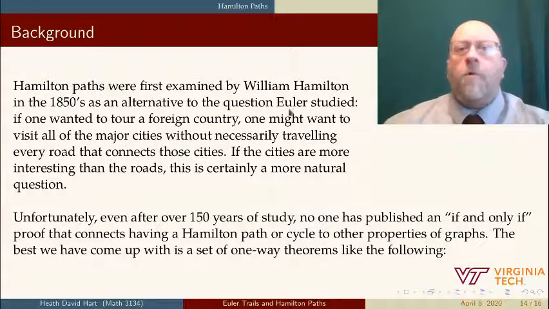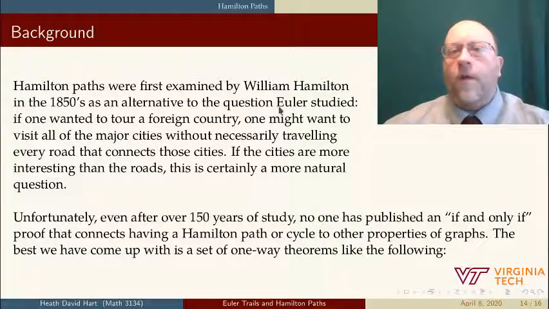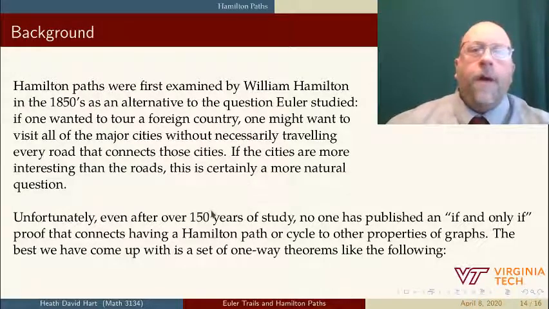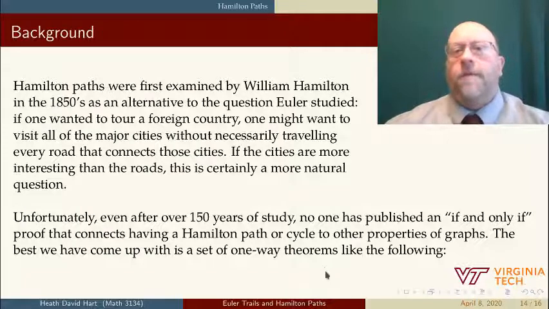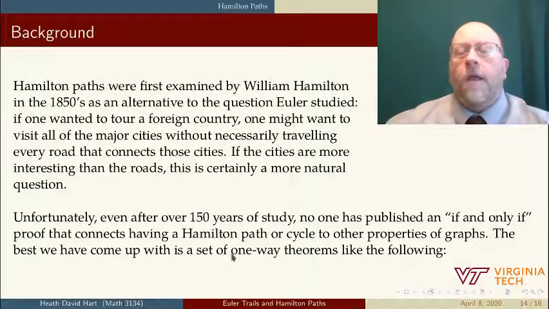Euler came up quickly with an if and only if condition for his question. We have an Euler tour if and only if every vertex has even degree. But we've been studying the Hamilton problem for over 100 years, and no one has discovered an if and only if proof for having a Hamilton path or cycle. We have a close theorem here.